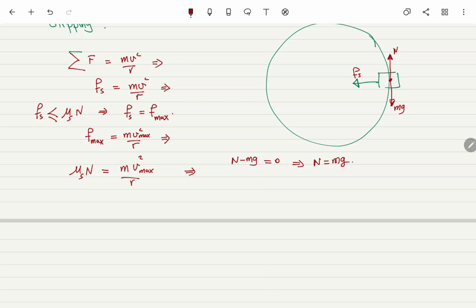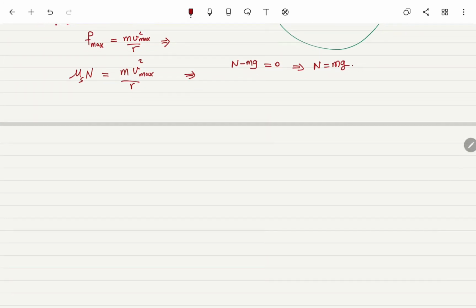You substitute this back in here: mg mu s equals m v squared over r, mass with mass, and the maximum speed is equal to the square root of r g mu s.